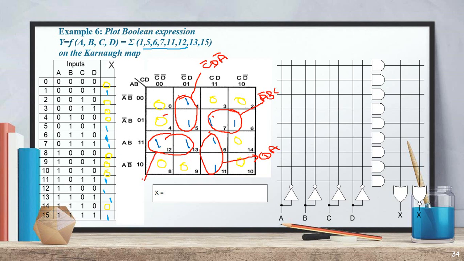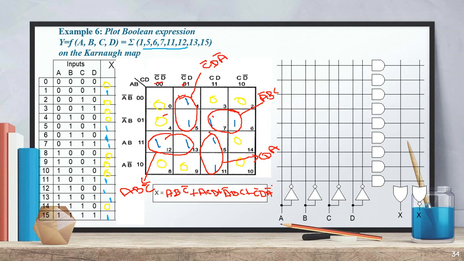And the last equation, the AB remains the same, and then C bar D bar, C bar D, so C bar is common, D bar D gets cancelled, so you get C bar. If you write this in equation form, you get A B C bar plus A C D plus A bar B C plus C bar D A bar. Okay, these are the 4 equations we got.